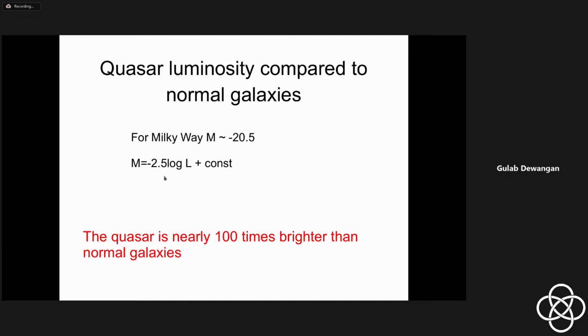You can write down this equation for the Milky Way as well as for 3C273, and then you can find out that the luminosity of this quasar 3C273 is nearly 100 times brighter than normal galaxies. So that star-like object is 100 times more powerful than the entire Milky Way, and that means it is emitting a huge amount of power.